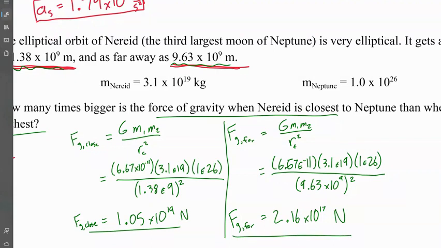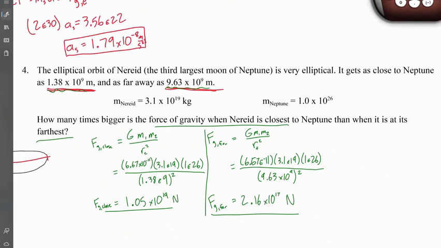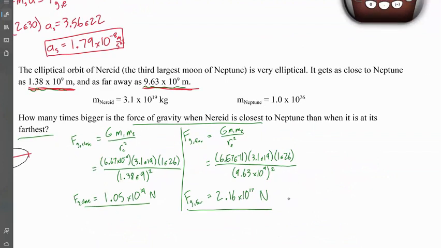This is 1 times 10 to the 19th. This is 2 times 10 to the 17th. So if we're looking how many times bigger is this force of gravity, we're going to take force of gravity when it's close and just divide it by force of gravity when it's far. That'll tell us how many times bigger it is.